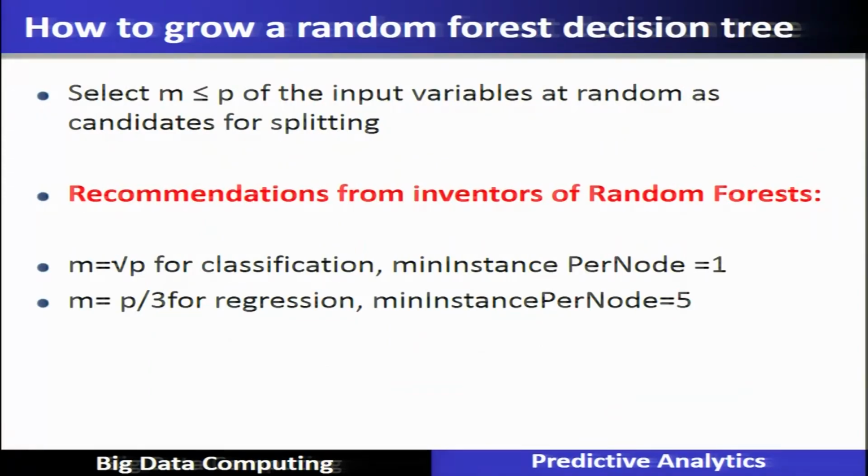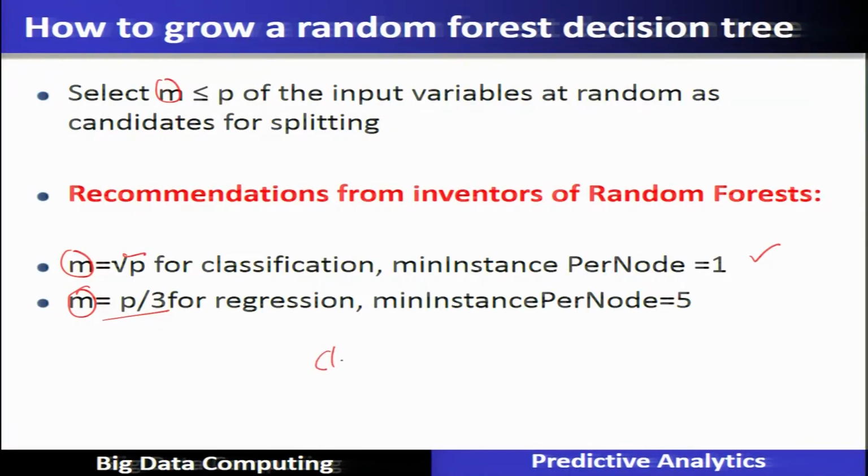Now, how to grow the random forest decision trees? Select m out of p input variables at random as the candidates for the splitting. Here the recommendations from the inventors of random forest are summarized. For classification, the value of m has to be chosen as root of p, and the minimum number of instances per node is 1, and m will be p divided by 3 for regression problems.